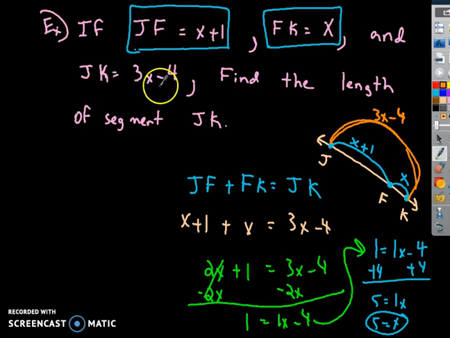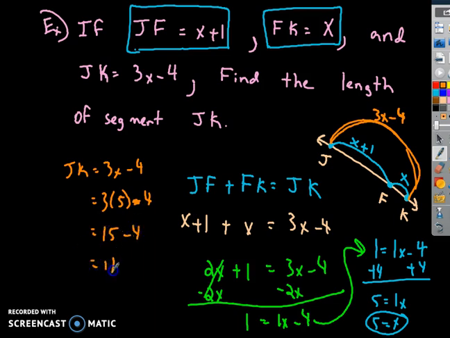They told us JK is 3x subtract 4. Now that I know x, I can substitute. x is 5. So JK is 15 subtract 4, or 11. And now I found JK. And that's pretty much all I have.